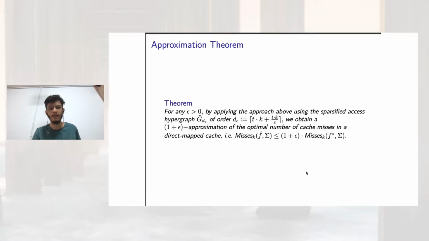And we have this formula, where f hat is our placement and f star is the optimal data placement policy. So we have the 1 plus epsilon approximation on this.